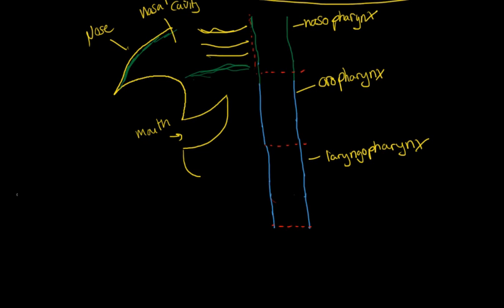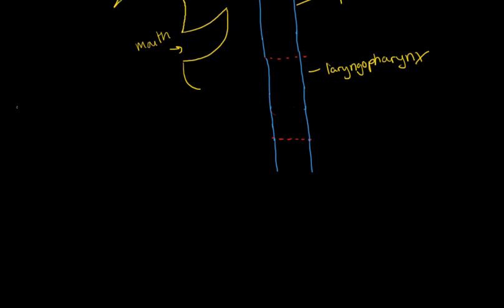And at the top of this, we're going to keep that same stratified squamous epithelium. And then towards the inferior portion of it, it's going to switch back to pseudostratified ciliated columnar. So we're not going to have a break in structure here, but we're going to have a break in epithelial anatomy. So we'll call this the larynx, voice box.